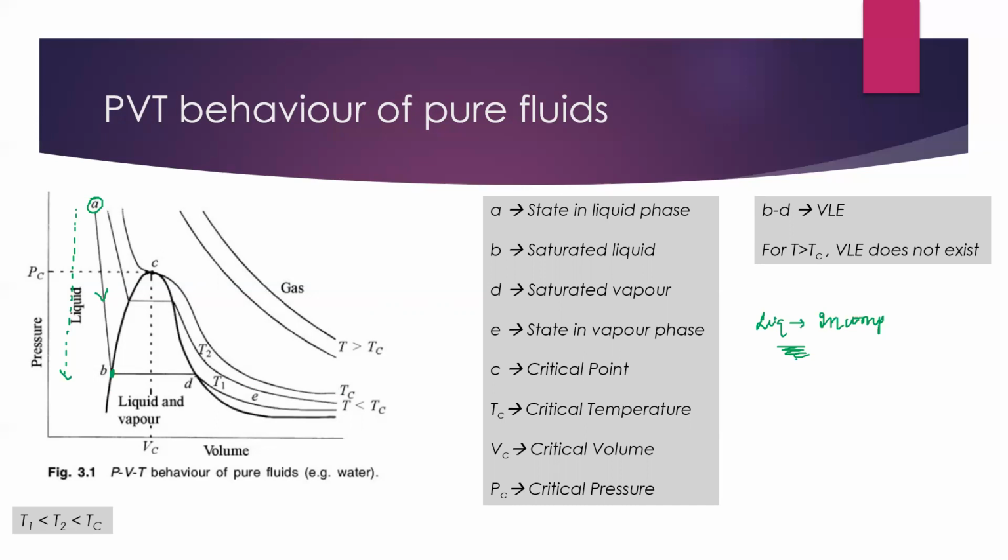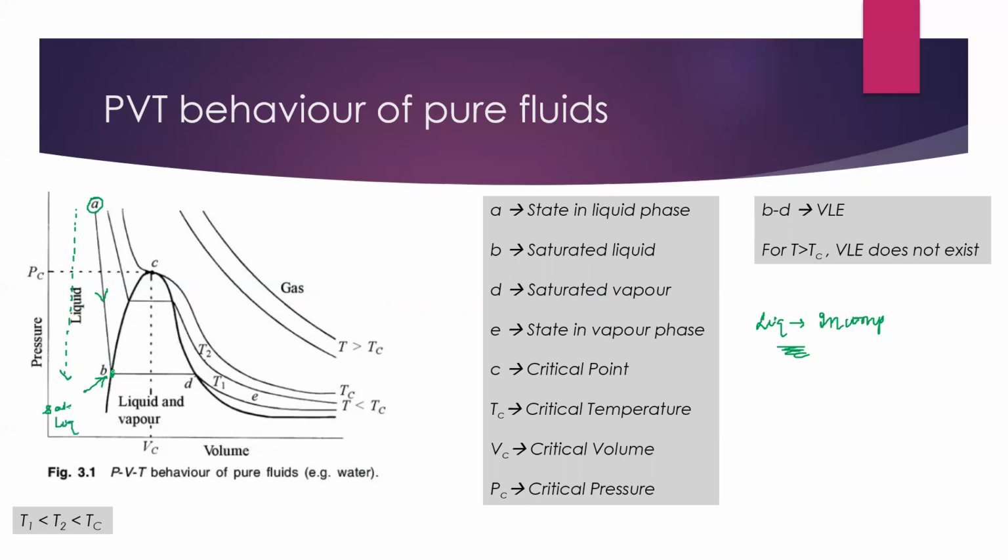Then at state B, it becomes saturated liquid, something that we studied already in steam, but over there we saw the temperature versus enthalpy diagram. This is the pressure versus volume diagram. So over here, this is a state of saturated liquid.